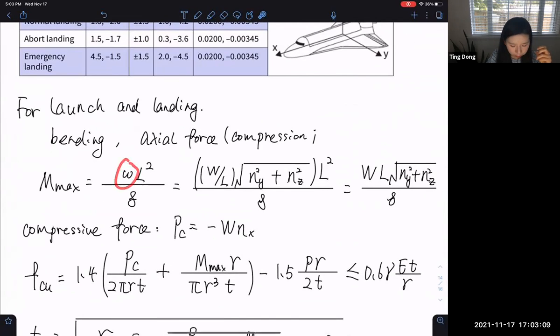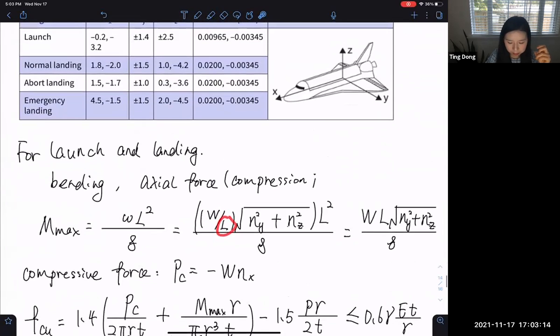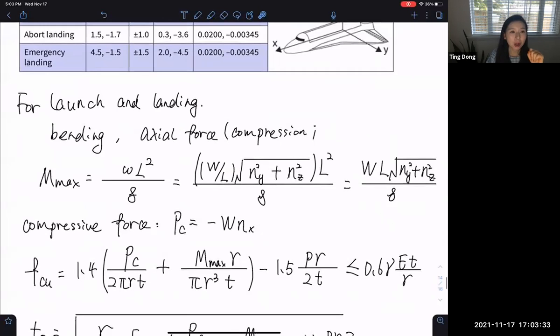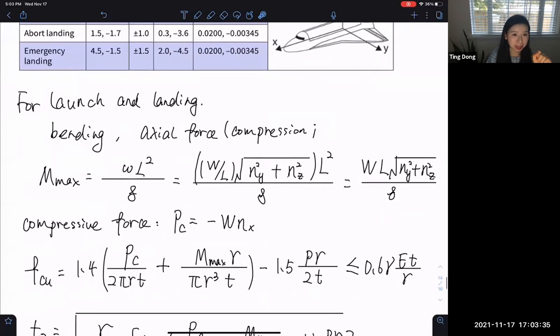This one is the total weight, and this is the length in the X direction. Combined with the load factor in the Y direction, which is the maximum load factor in the lateral direction, this becomes the maximum bending moment. And if we have the maximum bending moment, the maximum compressive stress caused by the bending moment is easy to calculate, right?